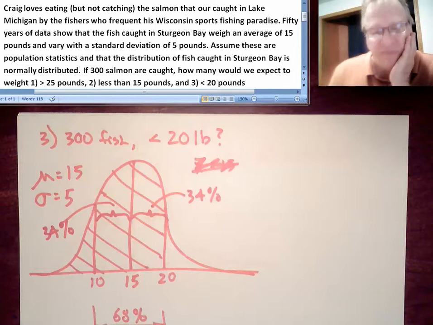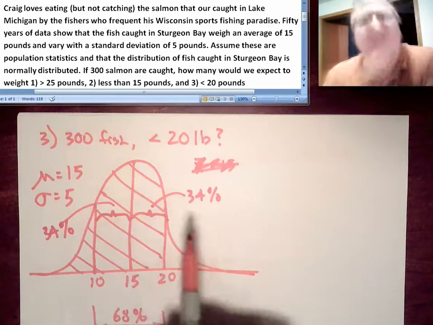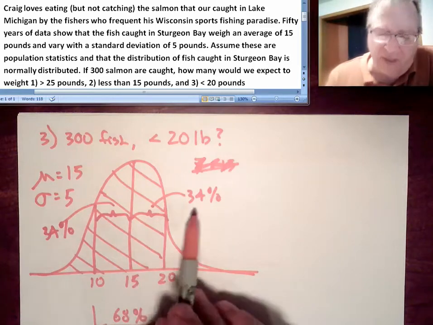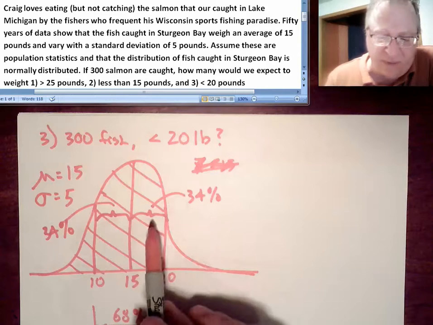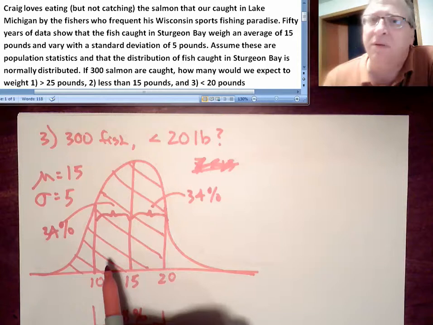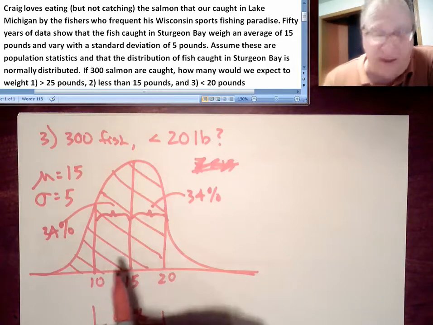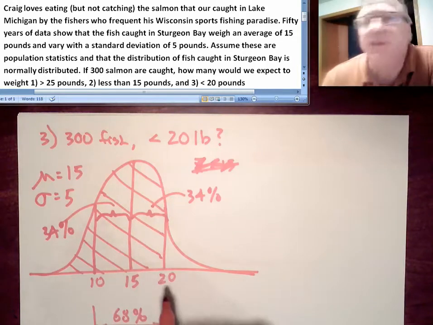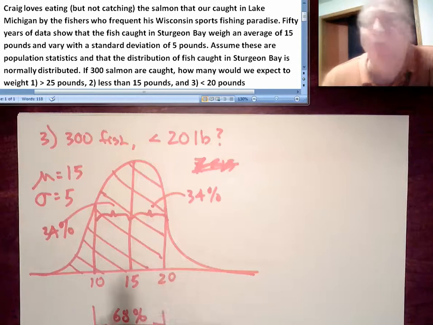So on the right side of the mean, we have a contribution of 34%. What about on the left side of the mean? Do we have 34%? Well, yes, but we have more than that. Since we're interested in fish less than 20 pounds, we have the whole left side, which is 50%.